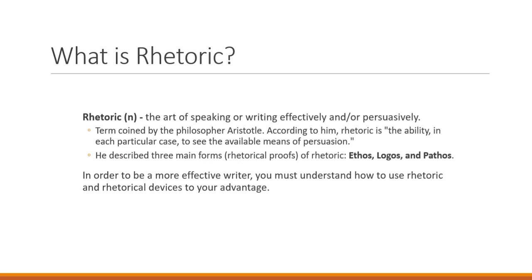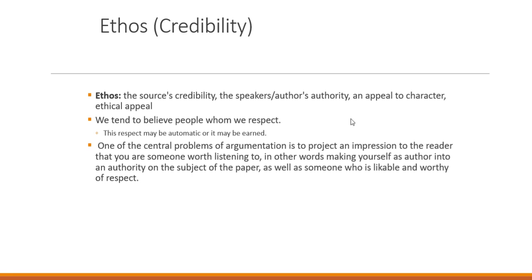These are called also rhetorical proofs: ethos, logos, and pathos. In order to be a more effective writer and also speaker, you must understand how to use rhetoric and rhetorical devices to your advantage. That is just about it about the rhetoric. So let's start explaining each of them.